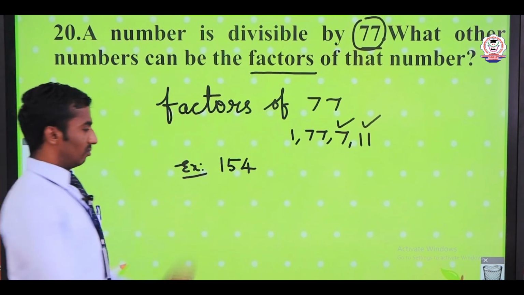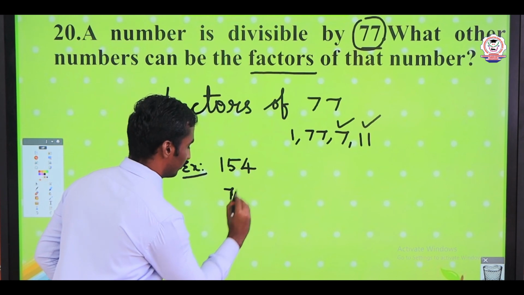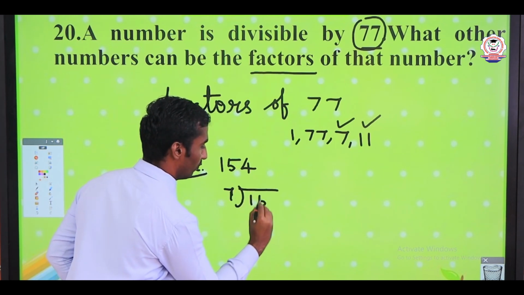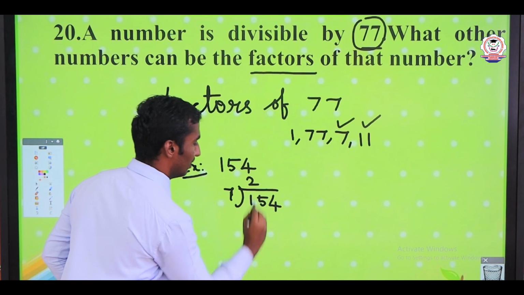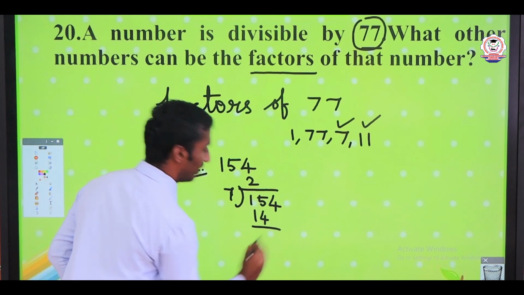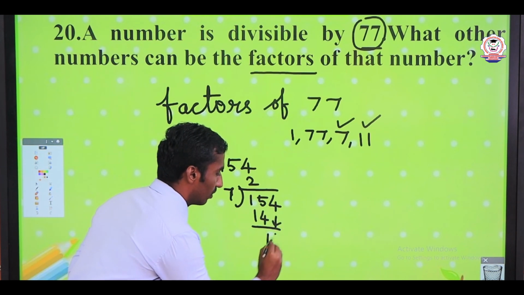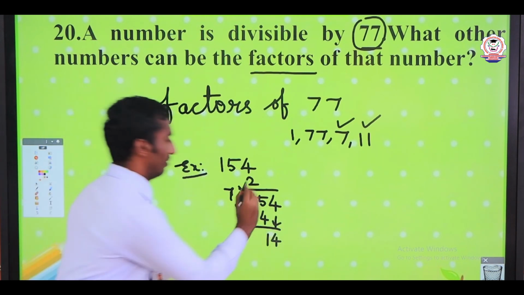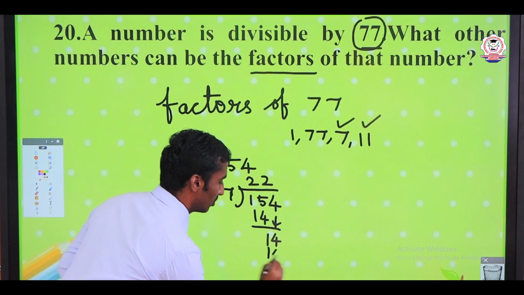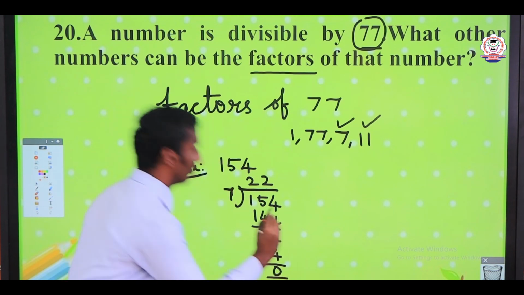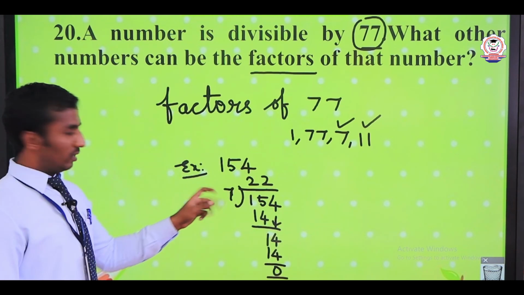First, 7 table. 154: 7 2s are 14, remainder 1. Bring down this 4, we get 14. 7 2s are 14, remainder 0. So 154 is divisible by 7.